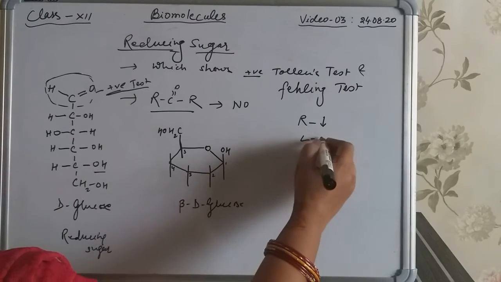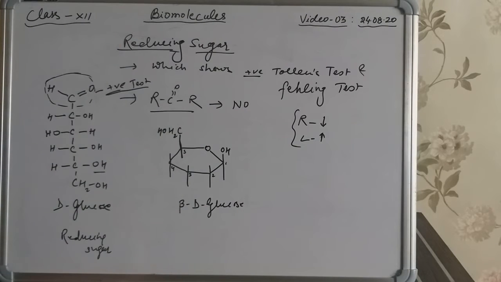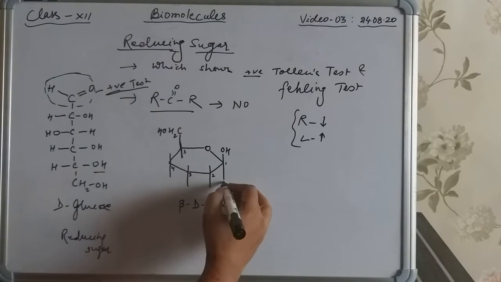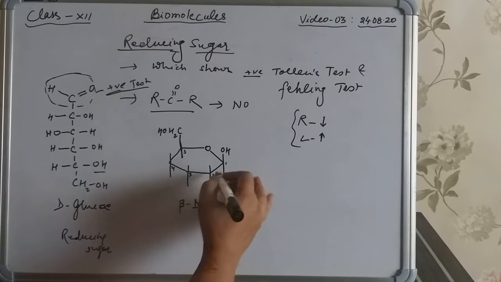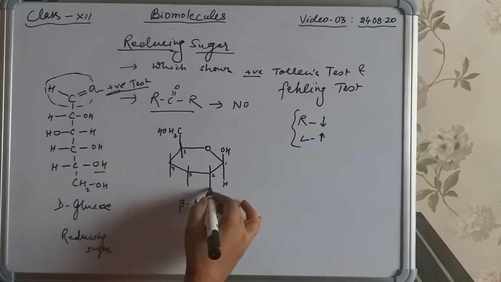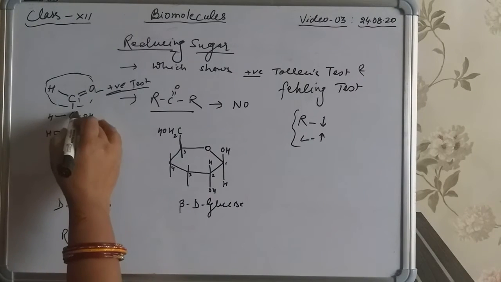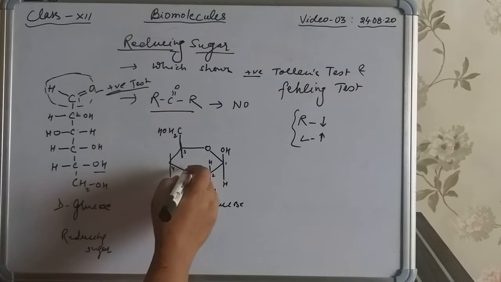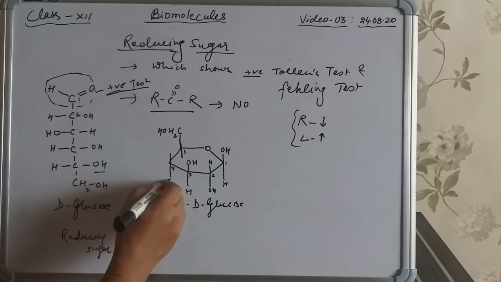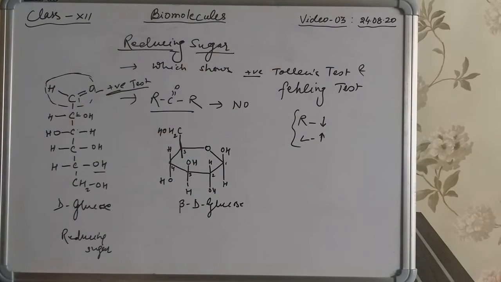So left side up and right side down. In this way we can arrange this particular beta-D-glucose in the cyclic form. Here is H at position 1; position 2, the OH group is on the right side, so it goes down. At position 3 the OH group goes up. In this way you can draw the structure of beta-D-glucose.